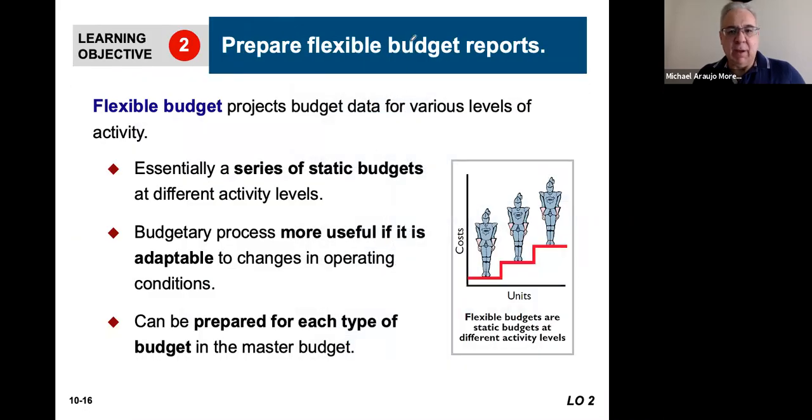So that introduces us to this idea of a static budget. And what you're going to see as we keep getting deeper in the chapter is that that difference matters. We budgeted at 5,000 units, but if we actually made 5,500 units, does it make sense to compare them?